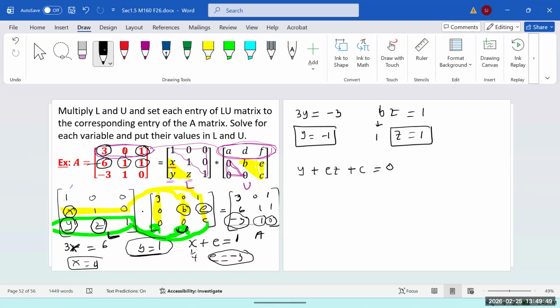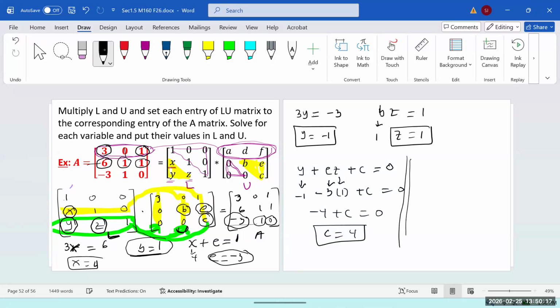But you already know our y is -1, we already know our e is -3, and you already know our z is +1. So when it's solved, we get -3 minus 1, -4, plus c is 0. So c is +4. So now we found all these unknowns.